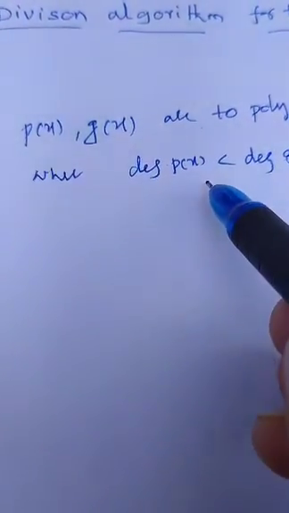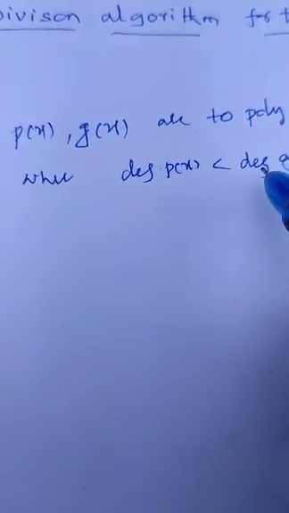So if p of x, g of x are two polynomials where the degree of p of x is less than the degree of g of x, which is the dividend here? Dividend is g of x. Why? Because its degree is more than p of x. This is the divisor, right?